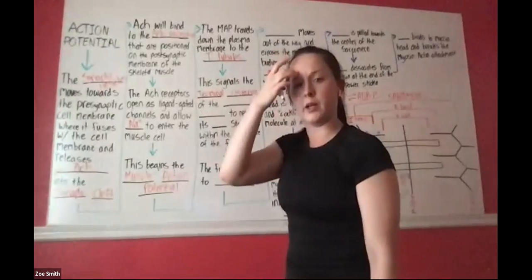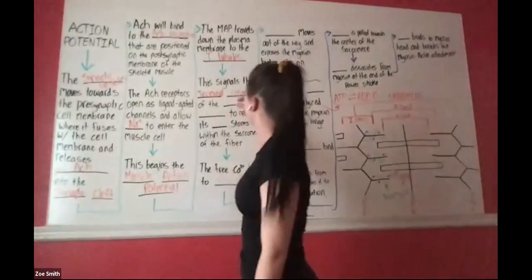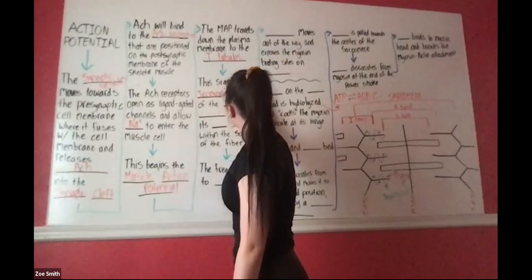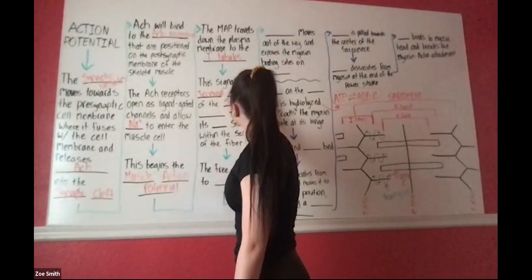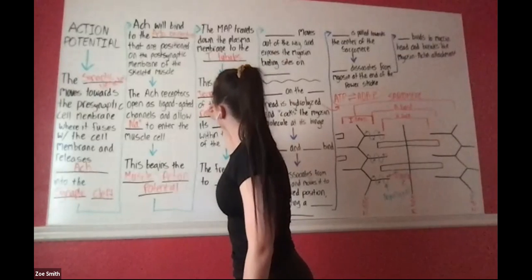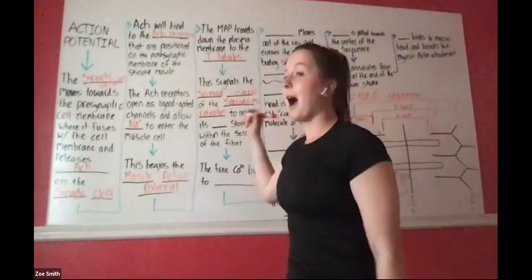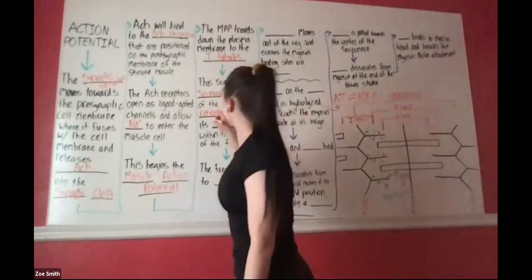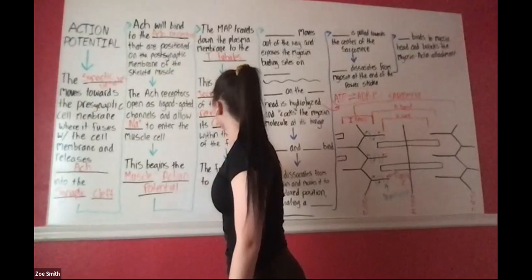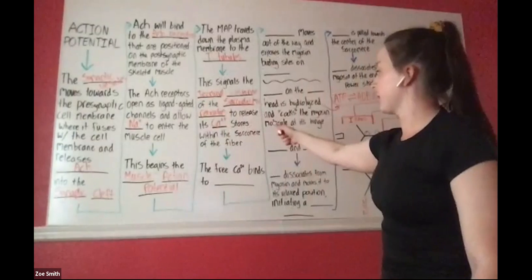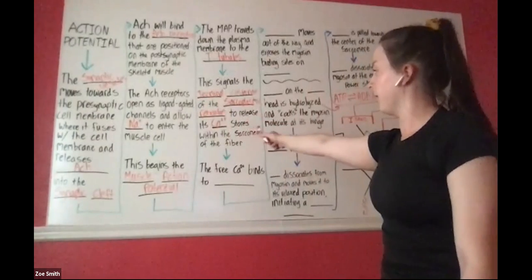Again, if it's hard to read, try and follow along in your lab manual. Your sarcoplasmic reticulum holds a lot of calcium. Its calcium stores within the sarcomere of the fiber.